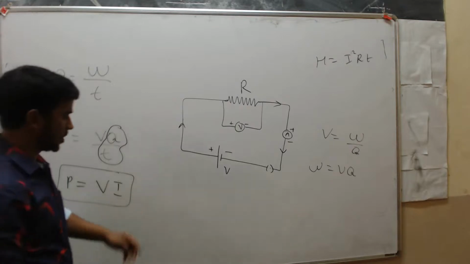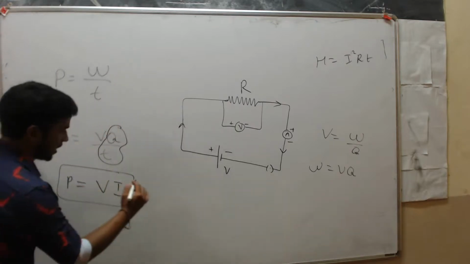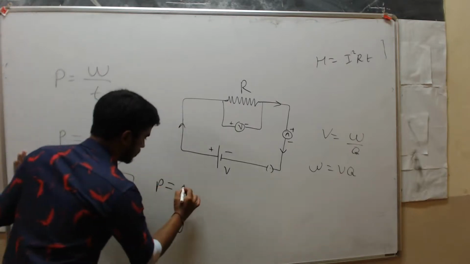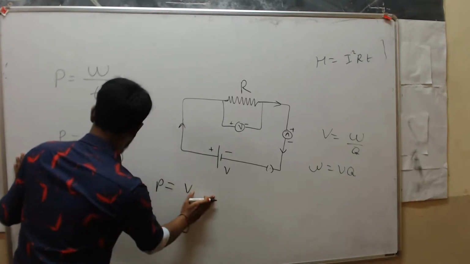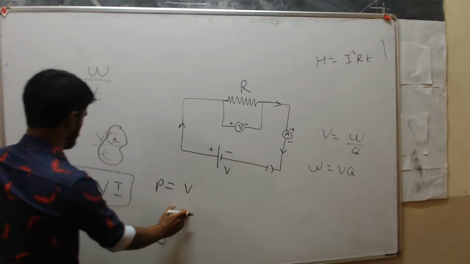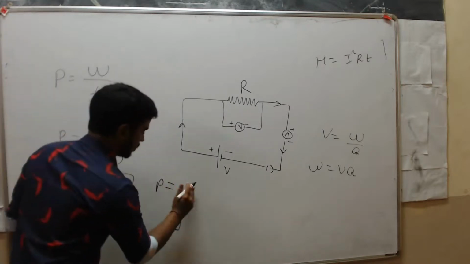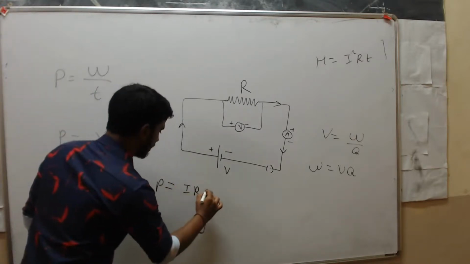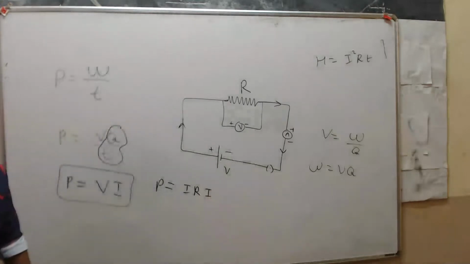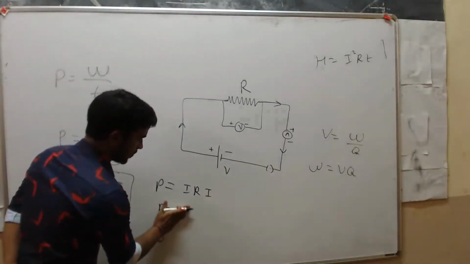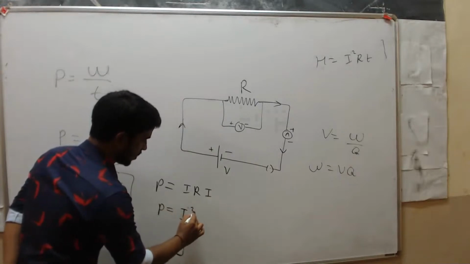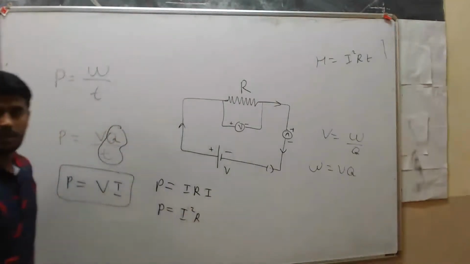Use Ohm's law, that is V equal to I into R. So we can write P is equal to V into I, that is I into R into I. Correct? So now P is equal to I square into R.